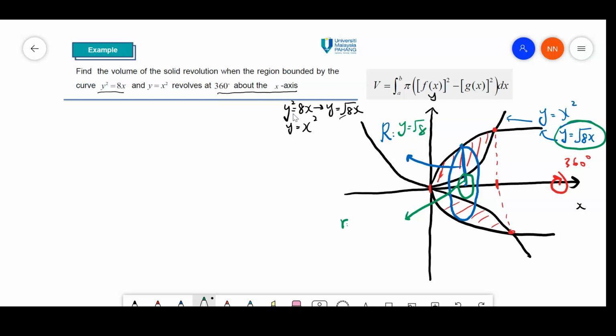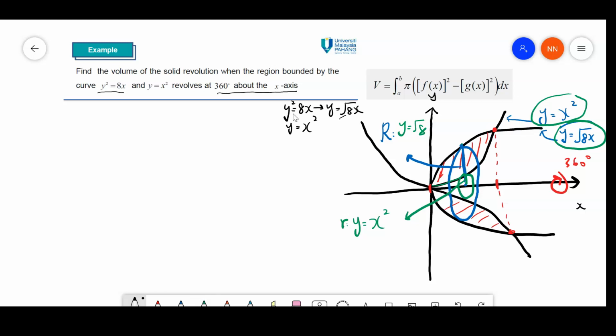So if you can see here, my inner radius touches this curve, okay, inside curve here. All right. So my inner radius represented by this function. So my inner radius given by y equal to x squared. All right. So now we can calculate the volume.